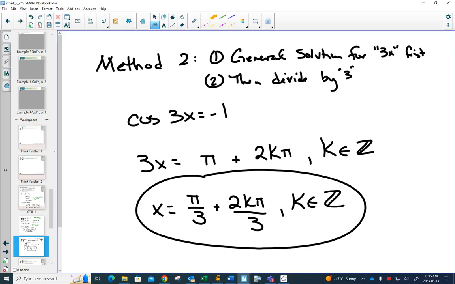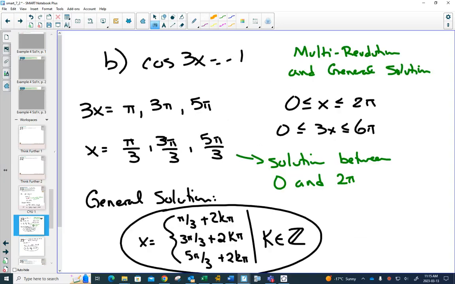So what does this one say and what does the first one say? So we can analyze it. And how did we solve them differently so we can think about it? If we look at the first one, we solved all the answers between 0 and 2 pi, and we got pi over 3, 3 pi over 3, which is pi, and 5 pi over 3. I'm going to draw a little diagram of that. Here's my unit circle.